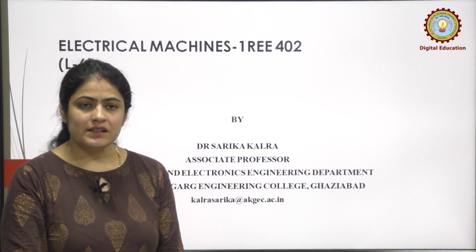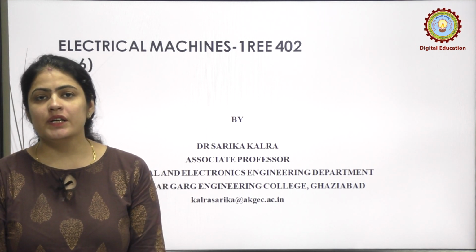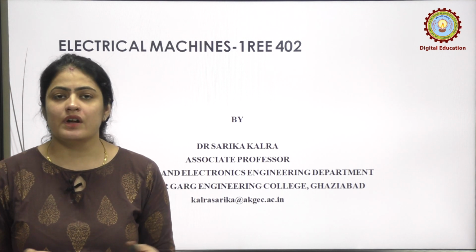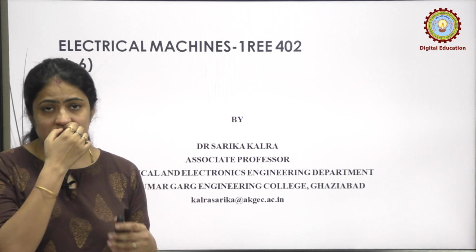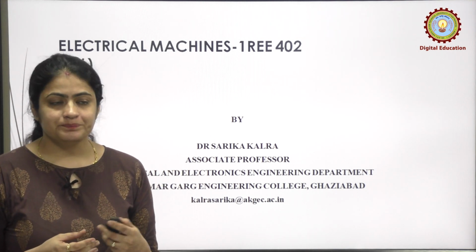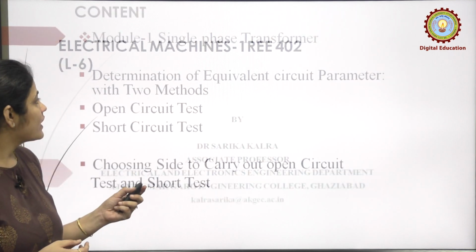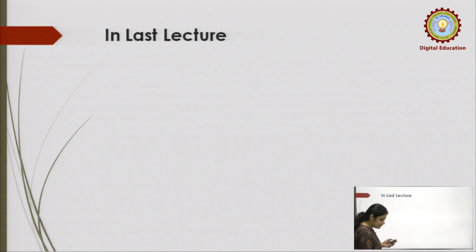As we saw in the last lecture, I discussed how to draw the equivalent circuit of the transformer, how to draw the phasor diagram of the transformer, and what the significance of this equivalent circuit is. We discussed the exact equivalent circuit as well as the approximate equivalent circuit, and how these parameters are referred to the primary side or the secondary side.